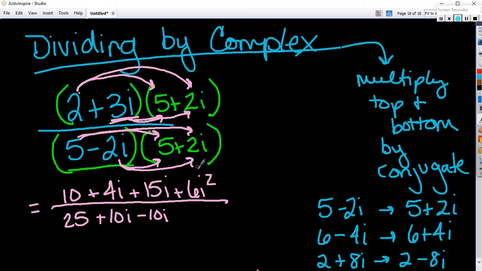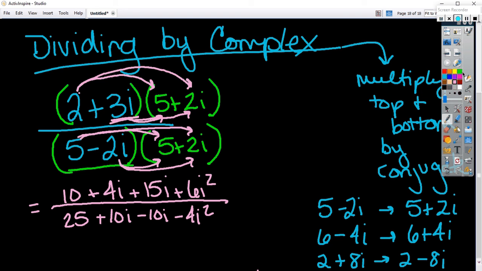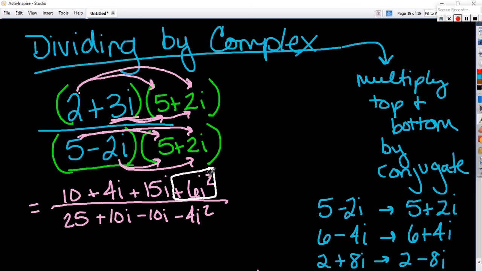Negative 4i squared. All right, let's start adjusting. Our i squared, somebody said earlier, go ahead and change them. This is going to become negative 6. How about on the bottom, what does negative 4i squared become? Positive 4.